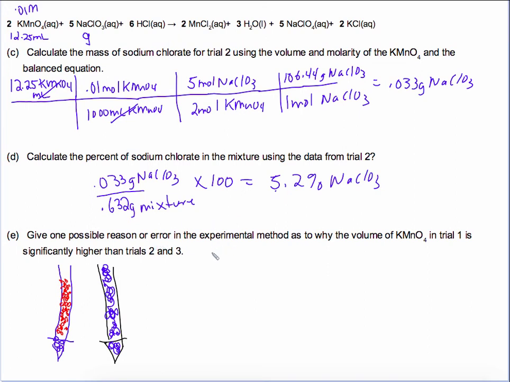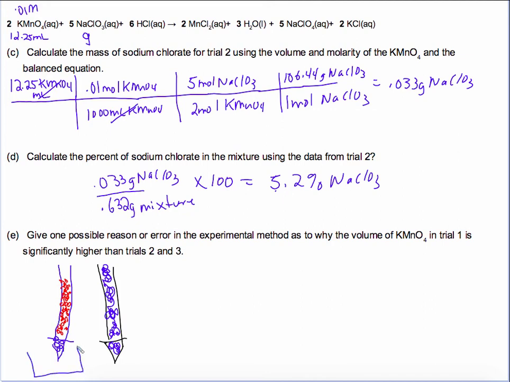All right, now give one possible reason or error in the experimental method as to why the volume of KMnO4 in trial 1 is significantly higher than in trial 2 and 3. Well, one common mistake that people make when they do a titration using a burette tube is they rinse the burette tube out with water, but then when they add the potassium permanganate, there's some water that's left in the tip.